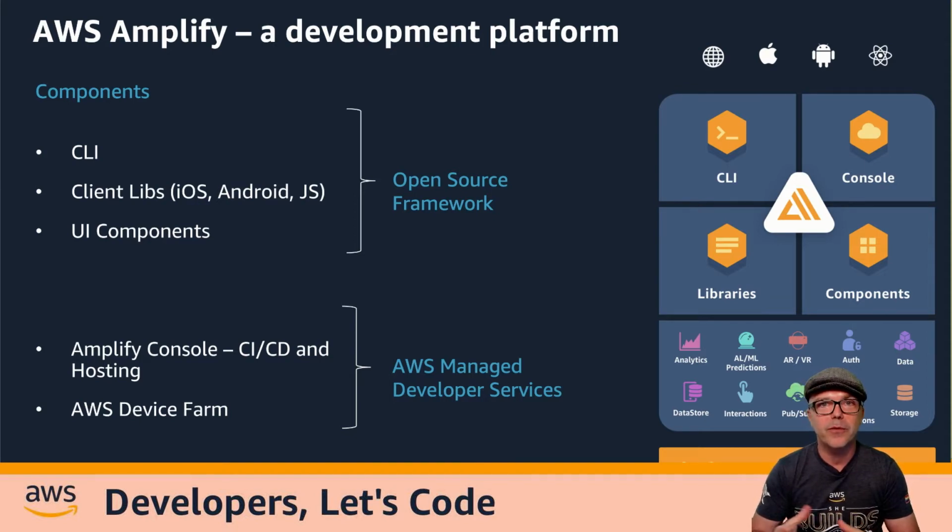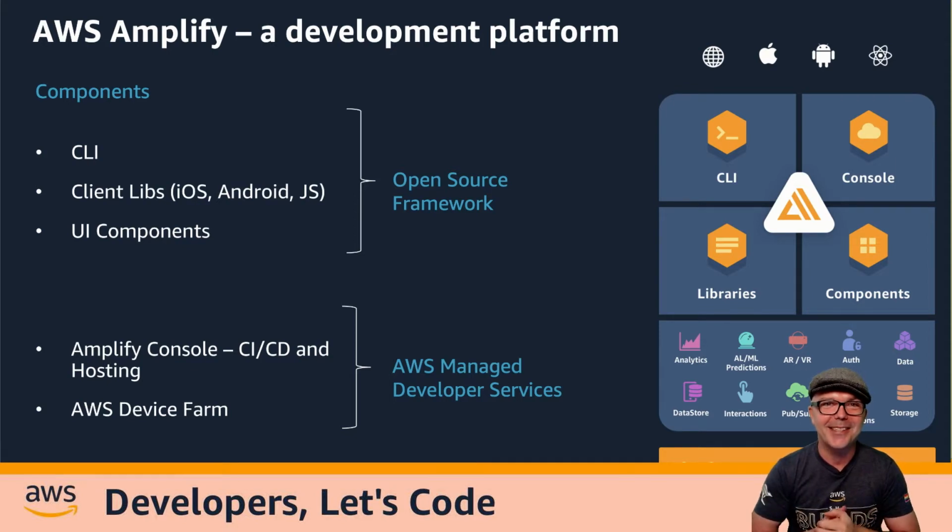Then you've got client libraries. We've got a number of client libraries that you can add to a native iOS app, Android app, and JavaScript frameworks. We've got React, and a number of other JavaScript frameworks, which I've had a mind blank on at the minute.